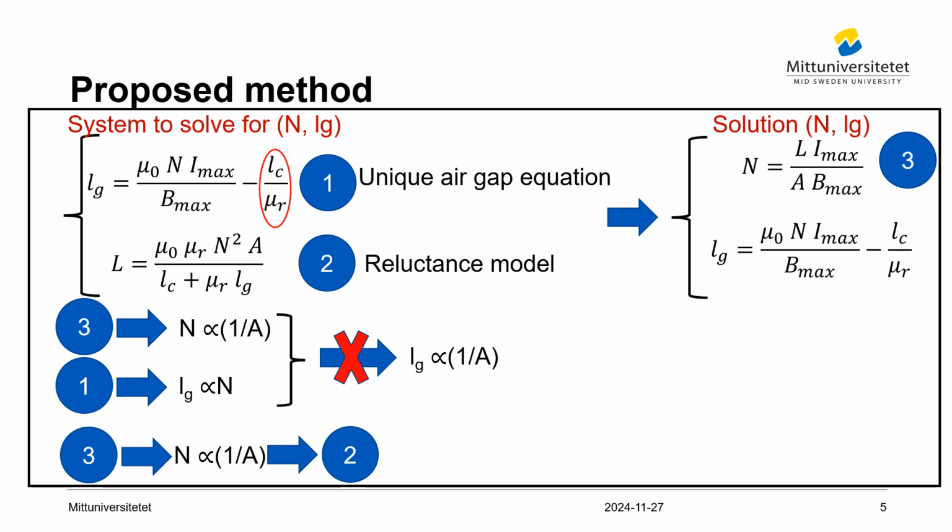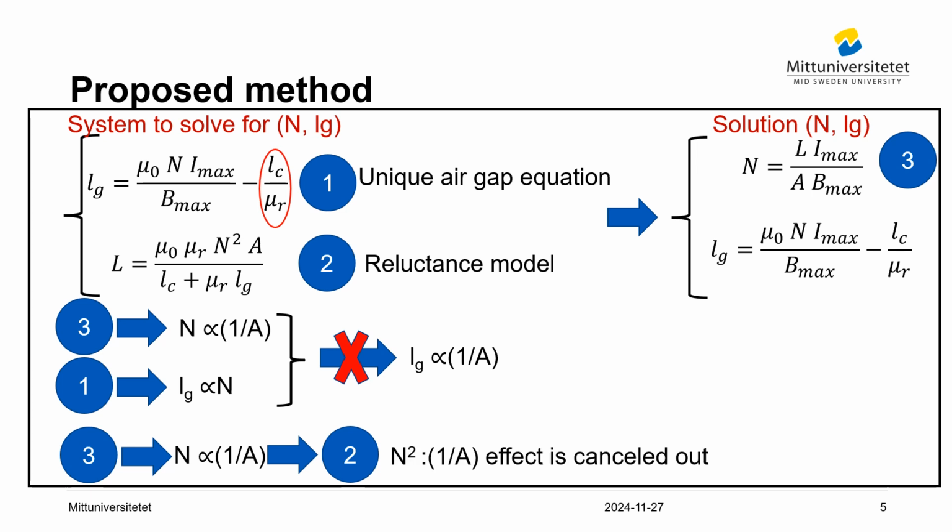So let's fix the inductance and make a change in the cross-section. What will happen? The number of turns has to go inversely proportional to the change of the cross-section, and this is according to equation number 3, which is Faraday's law. But as the inductance is a function of n squared, there will be a remaining effect due to that square. And that remaining effect has to be cancelled out by a change in the air gap according to equation number 1, and then we keep the inductance constant.